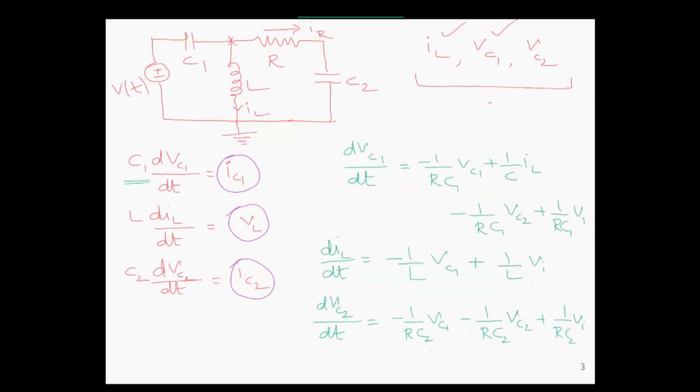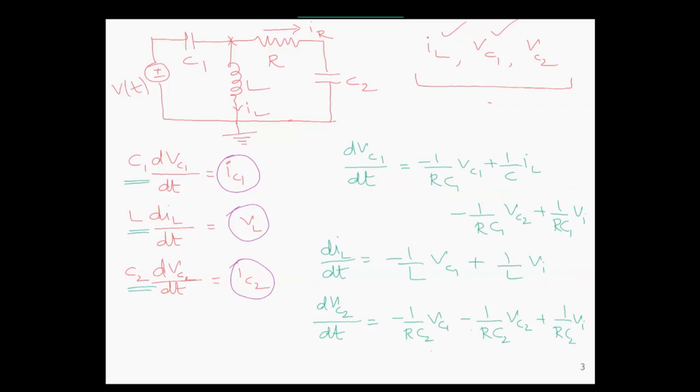Taking the capacitance value C1 to the other side, L to the other side and C2 to the other side, we end up with the equation dVC1 by dt is equal to minus 1 by RC1 VC1 plus 1 by C1 IL minus 1 by RC1 VC2 plus 1 by RC1 VI.